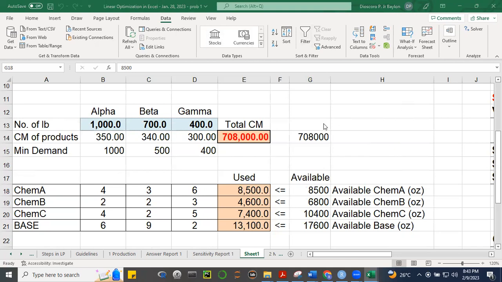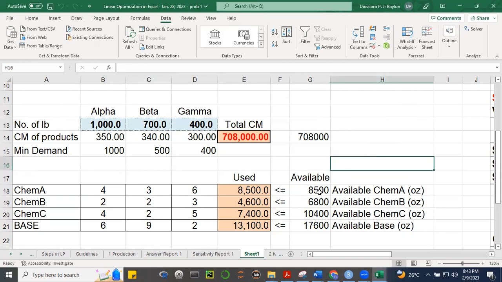More resources are available. Okay. Yeah, by increasing yung 8,500, in-increase natin si 8,500. That means that we were increasing yung limit ni chemical A. Ginawa kasi kanina 8,000 lang.